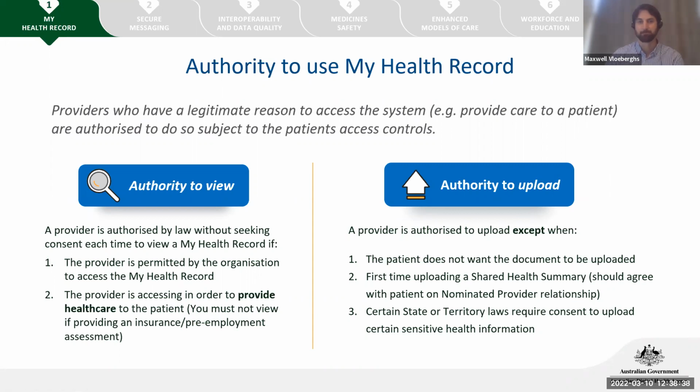Now, there are certain state and territory laws that require you to get permission from a patient to upload sensitive health information. If that applies to you, you would need to get permission first. But as I mentioned, it's always good to check with the patient when you're uploading to their record, especially if sensitive health information is involved.